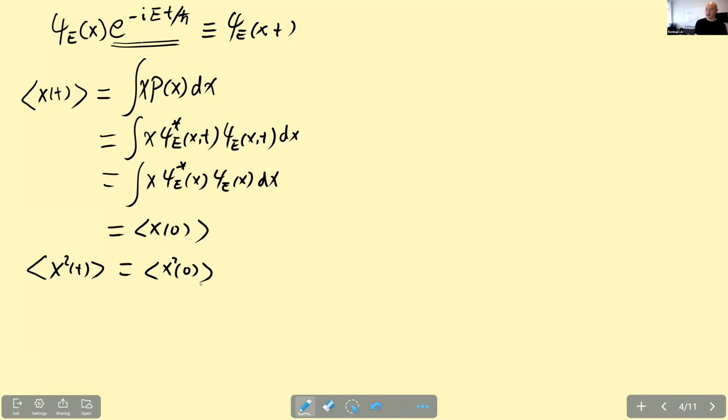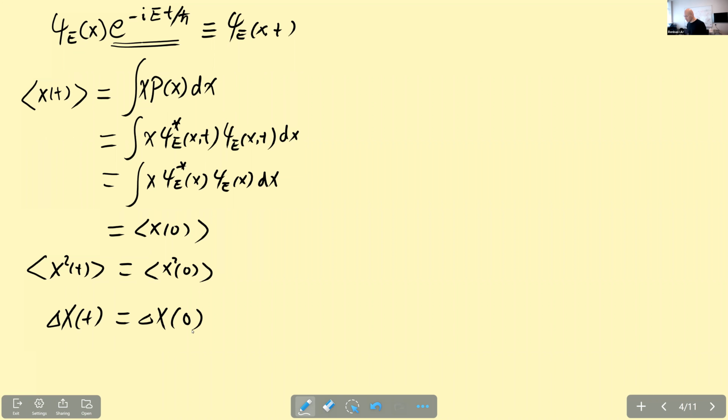So if the particle is prepared in the eigenstate, this also means the variance, the uncertainty, is independent of time, okay. Right. So this is, of course, for the position.